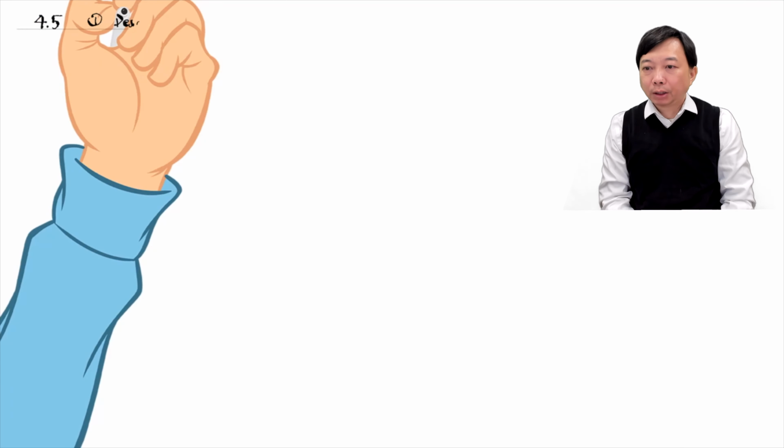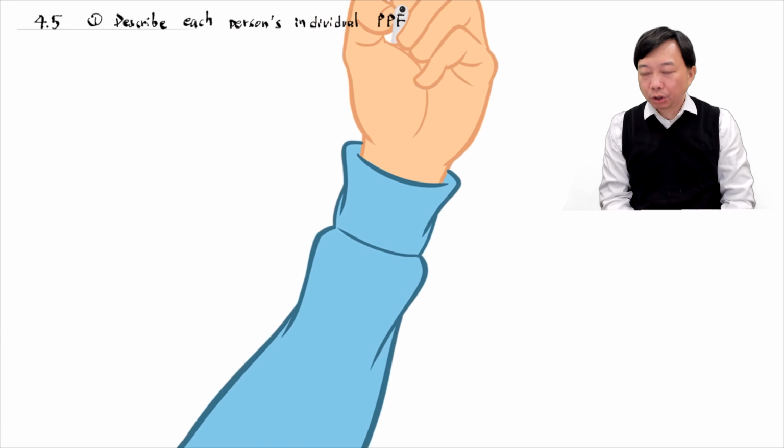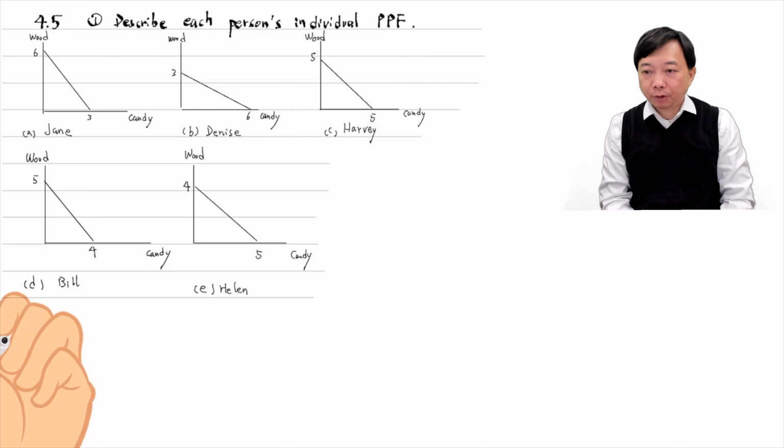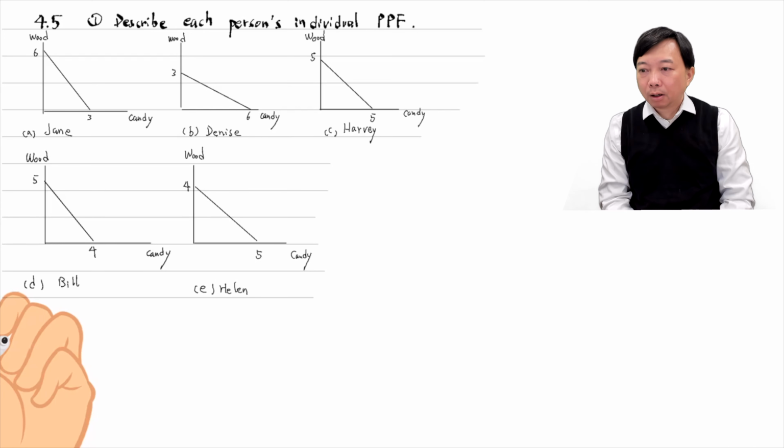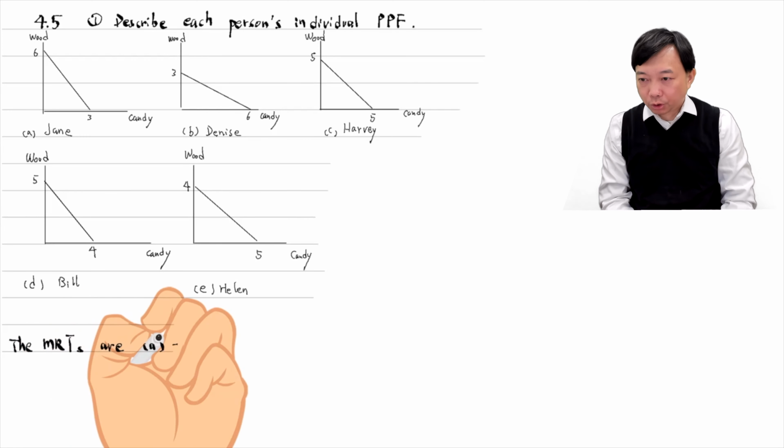We solve the problem in 2 steps. In the first step, we describe each person's individual production possibility frontier. In the second step, we draw the joint production possibility frontier by connecting the individual production possibility frontiers in order of comparative advantage in chopping wood.